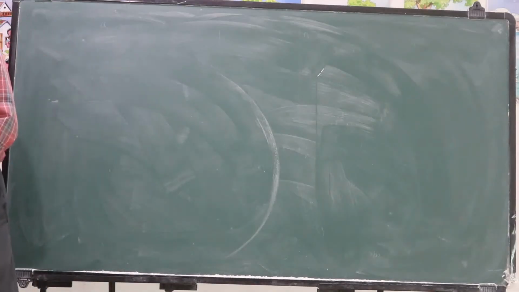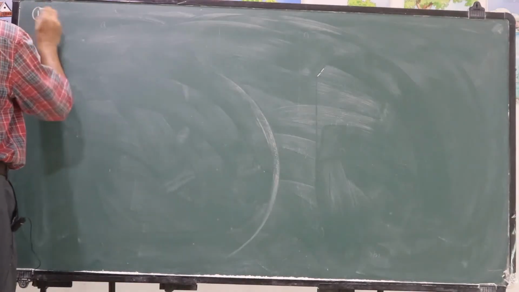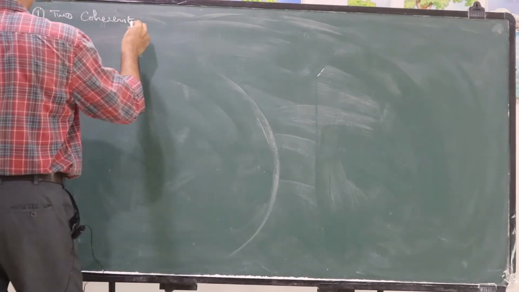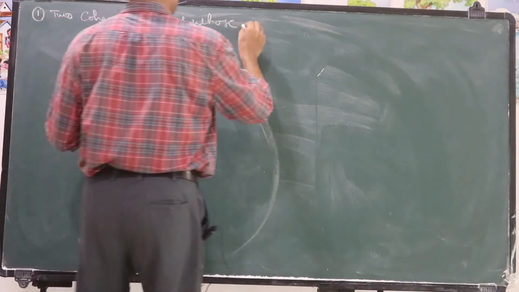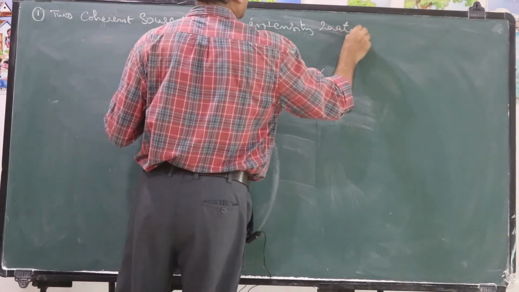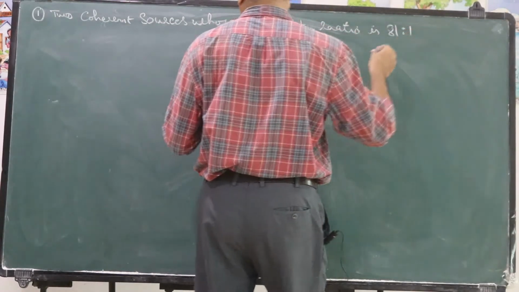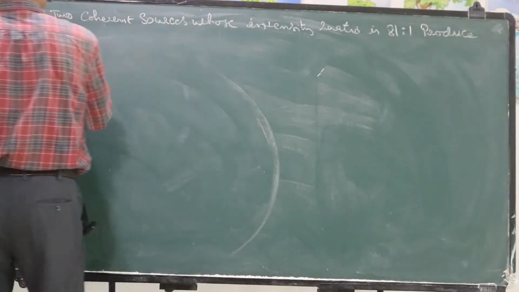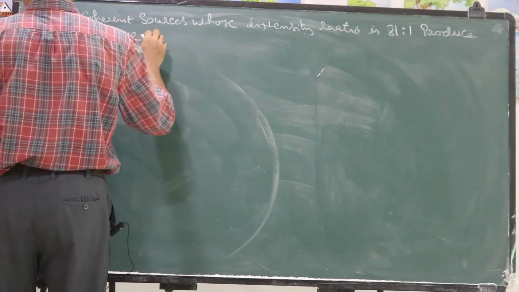Now the first one. Two coherent sources whose intensity ratio is 81:1 produce interference fringes.